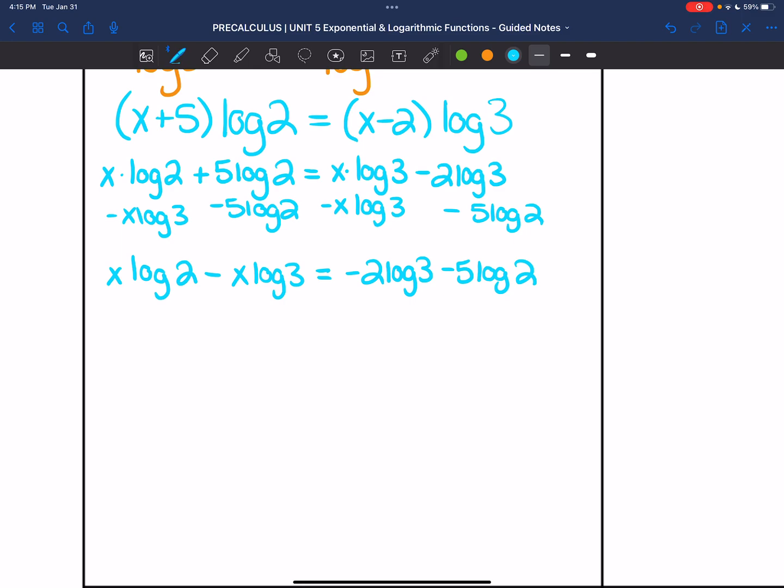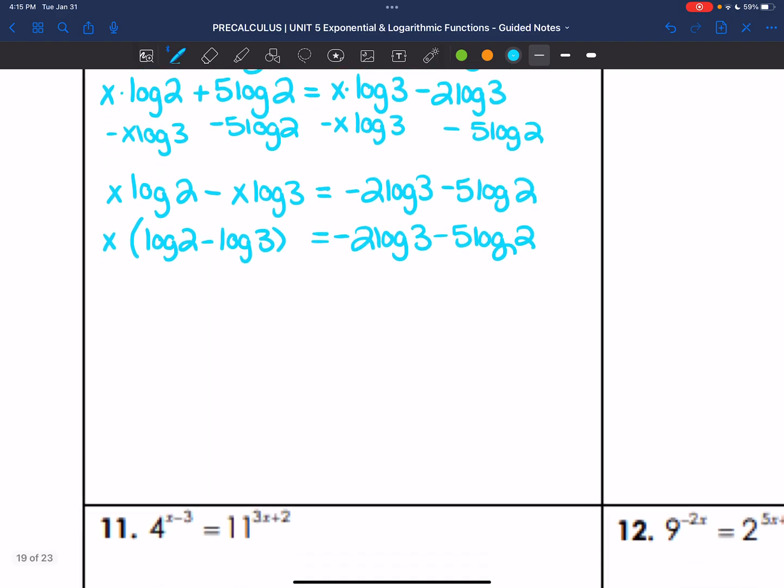Now from the grouping on the left, we can go ahead and factor out that they both have an x. See that? And then we can divide by that.